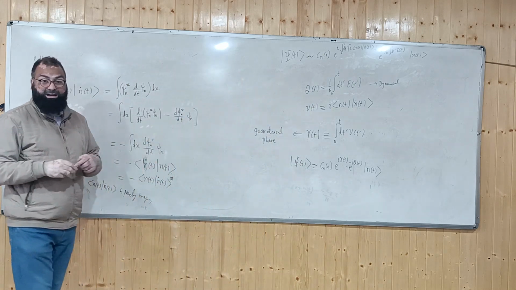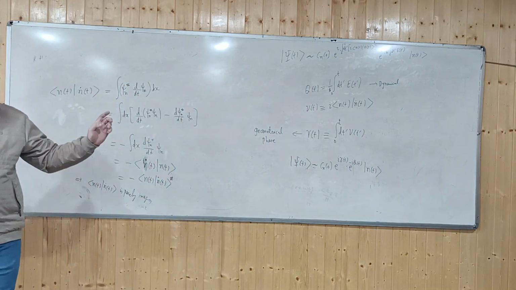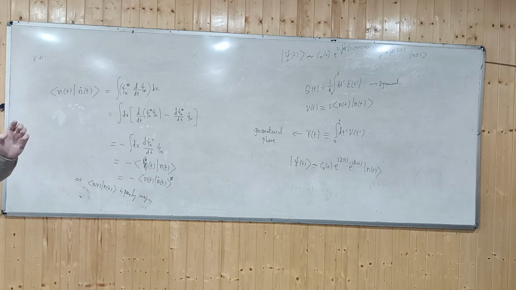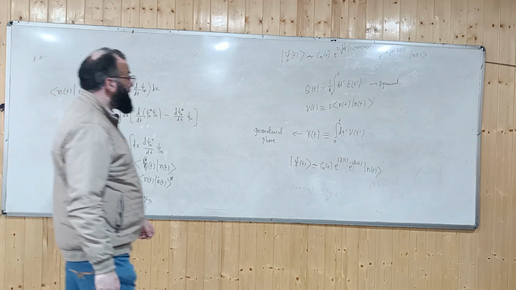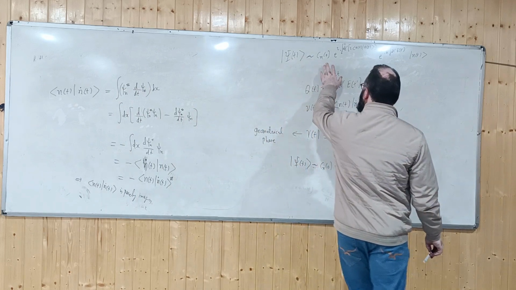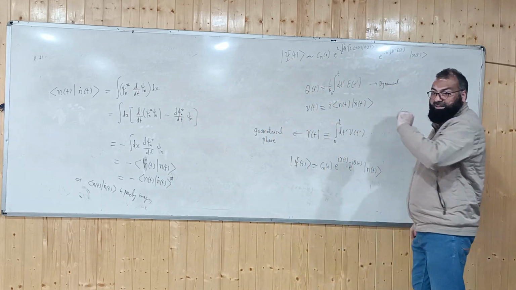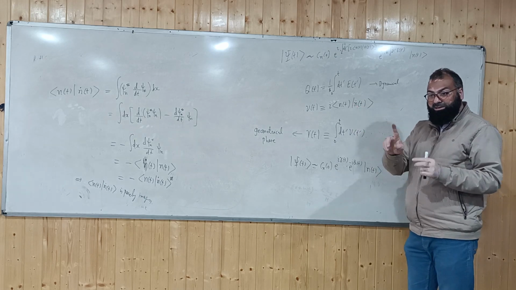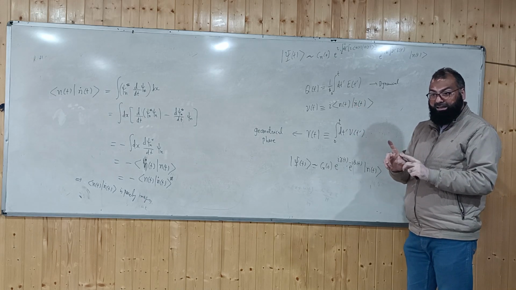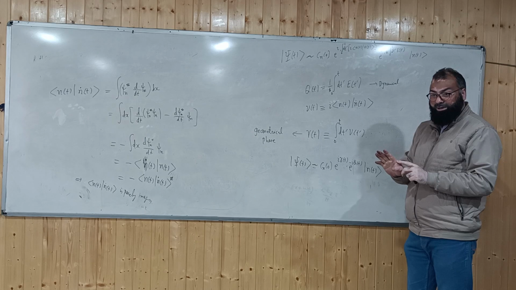Because I have said in equation 1, if I have to solve that, I have to consider the complete basis. Got it? Any question? For Cn of t I have written this. So the equation we have solved for Cn of t is only for one vector. You got my point?